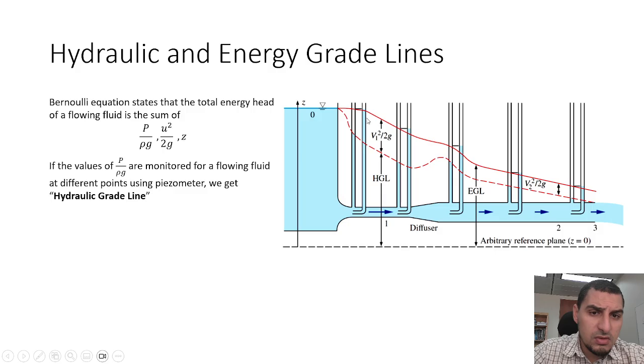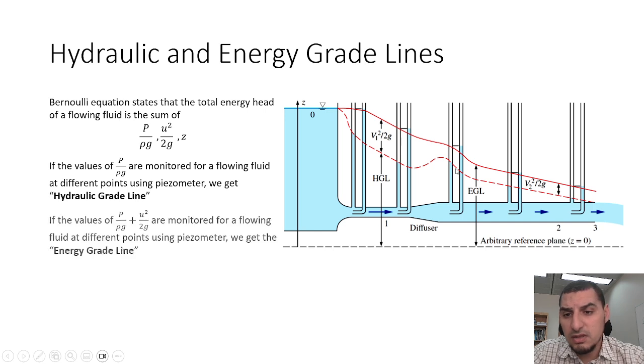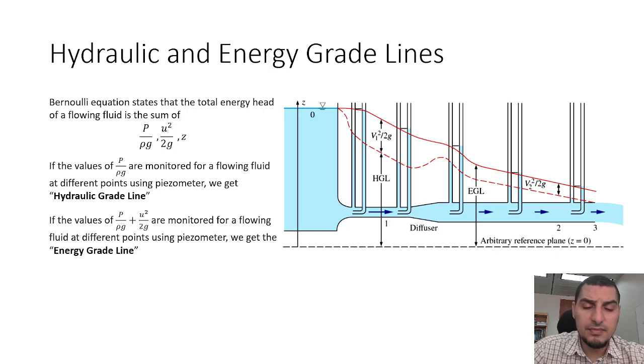And again, we can monitor the change of the total energy, which is the kinetic energy and the flow work, using the solid red line here. This dashed line, we call it the hydraulic grade line, while the summation of both the kinetic and flow work is called the energy grade line. So the EGL is the energy grade line, HGL is the hydraulic grade line.